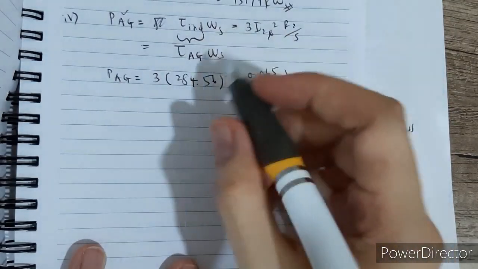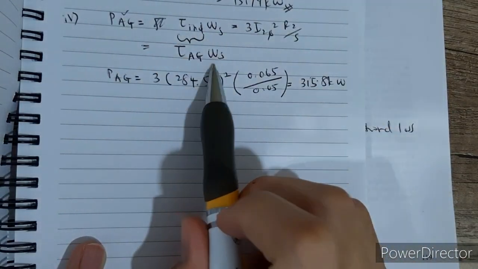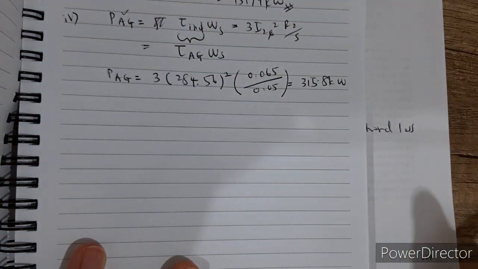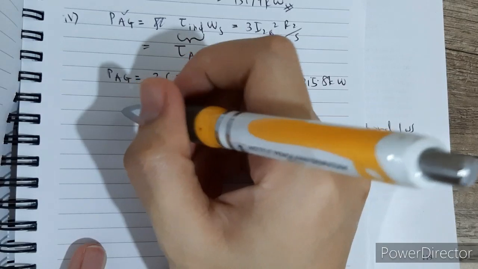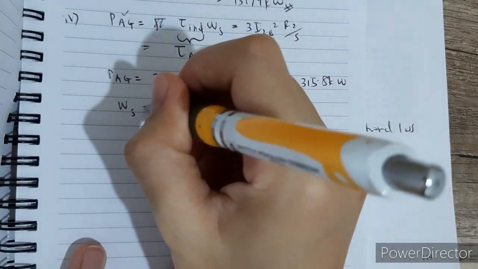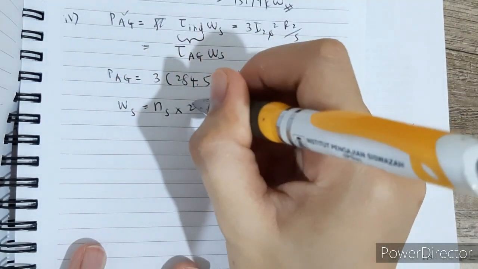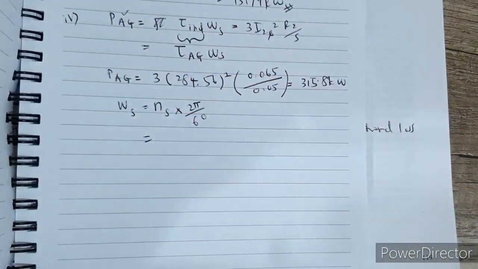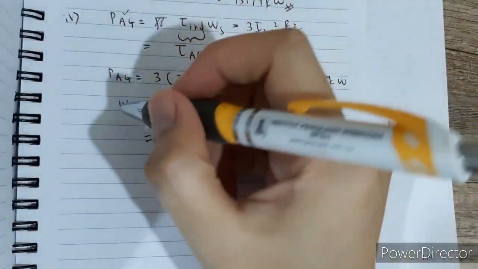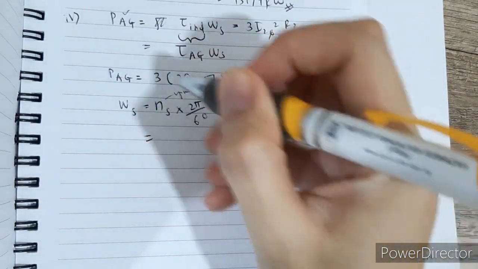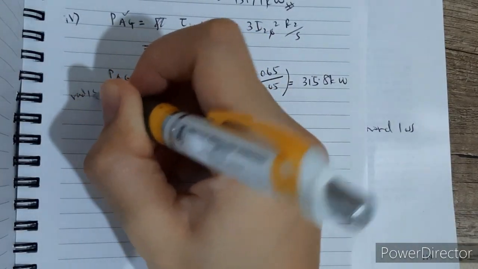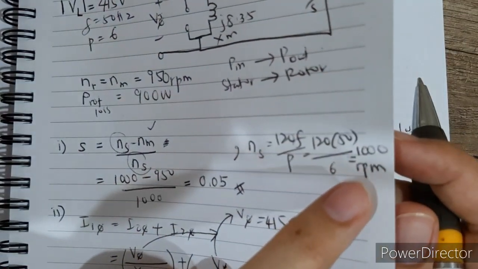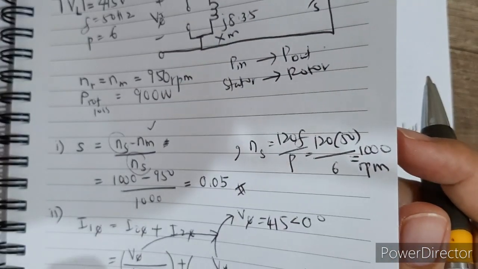So now we have P air gap. Next we need to find omega s. Omega s we can find from NS. What's the relation between NS and omega s? Omega s equals NS times 2 pi over 60, with NS in RPM and omega s in radian per second. Your NS just now is calculated as 1000 RPM.